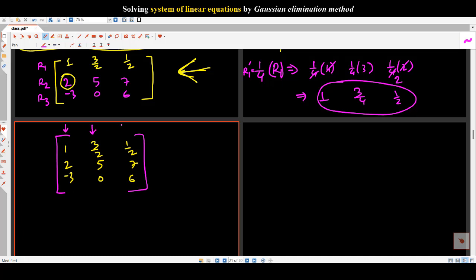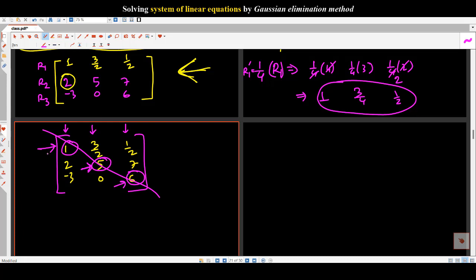Now we have to think column wise. Column wise, this is the leading element. Again think about this diagonal. This is leading element, this is leading element, this is leading element. The first element that you can see here, that is the leading element. Here the middle element that you can see, that is the leading element. Here the last element that you can see, that is the leading element. That means think about the diagonal wise in general sense. Whatever entries that you can see, that is the leading elements.